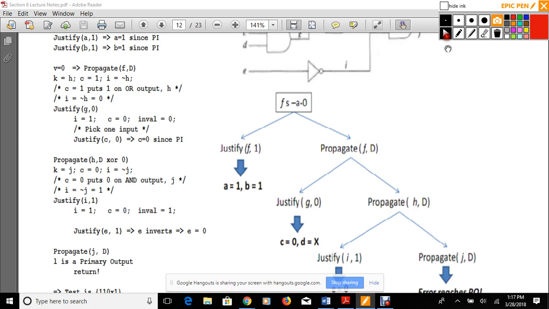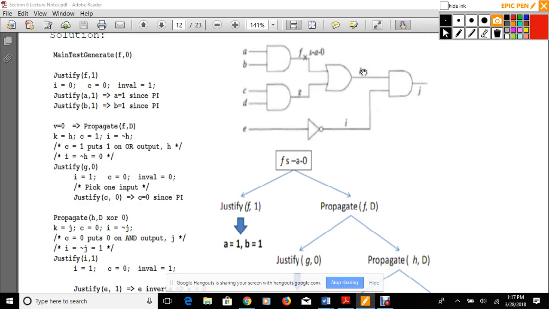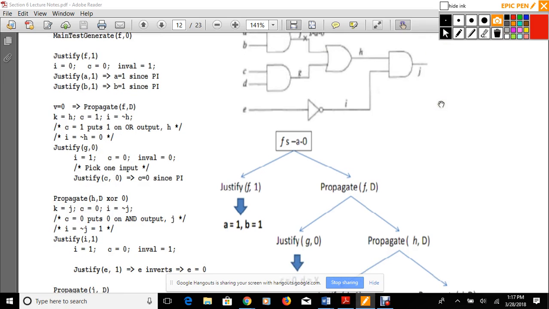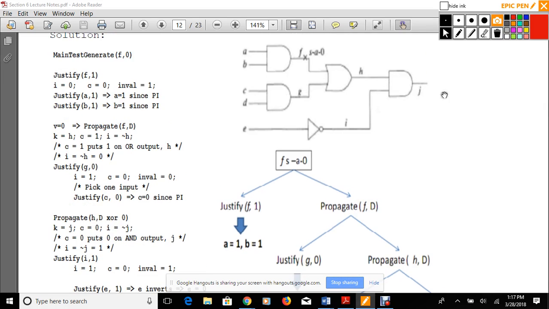So we run the algorithm and we see that propagating along here to H. So we have to worry about F. We want to go forward to H to see if we can propagate the output, and we have to then see if G is contributing to hurting our ability to propagate it. So F is stuck at 0, so we want to propagate D here, right?